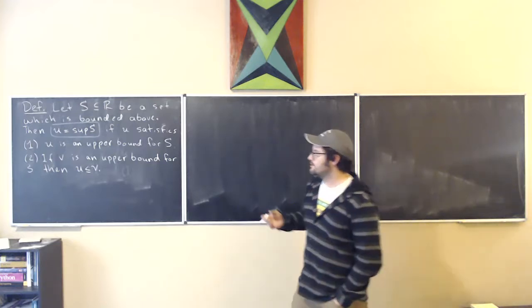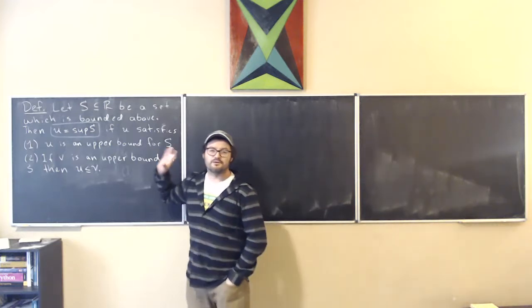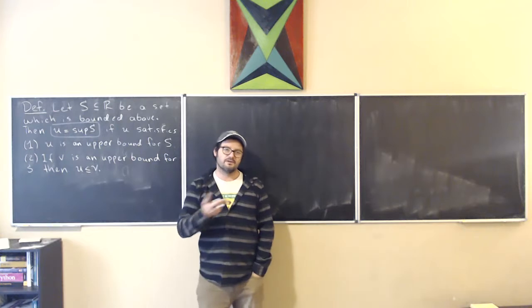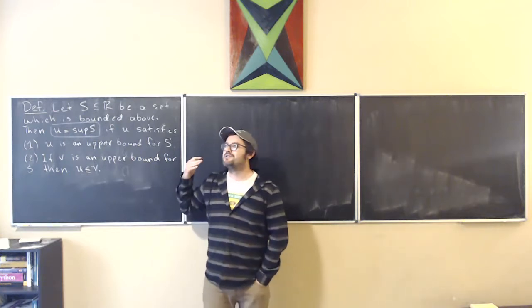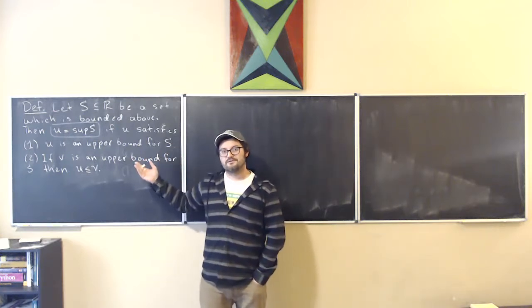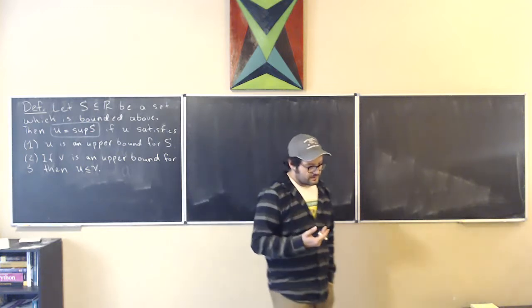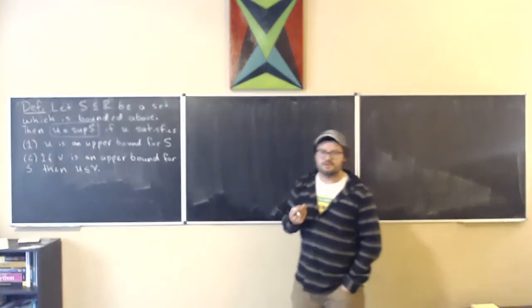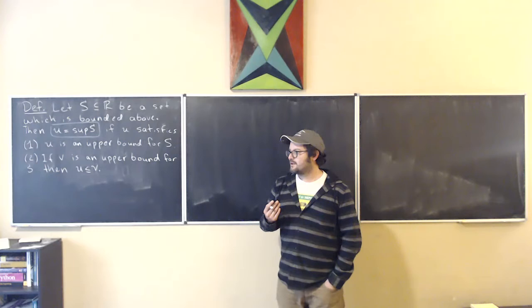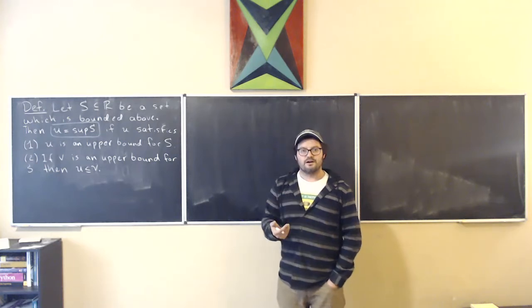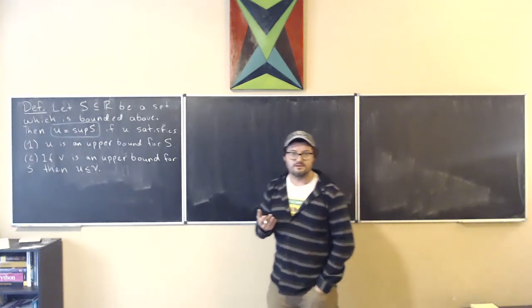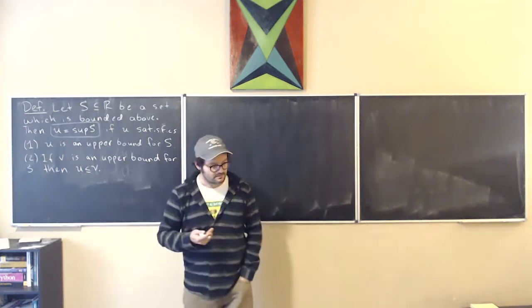Okay, so now that we have recalled these definitions from the last lecture, we can proceed with today's lecture. In this lecture, we're going to discuss how the supremum and infimum can be applied to infer fundamental properties of the set of real numbers.